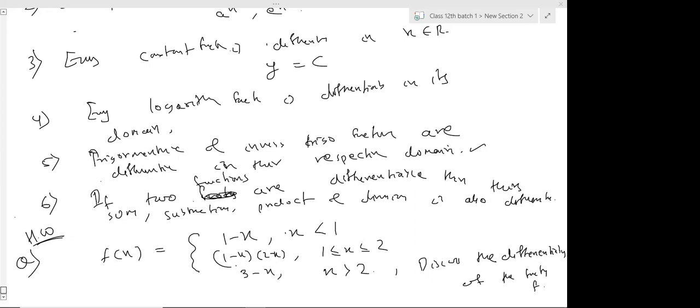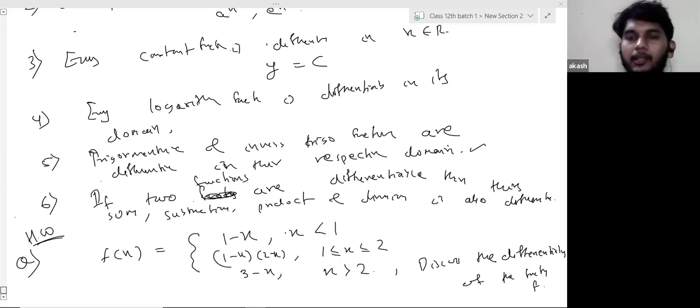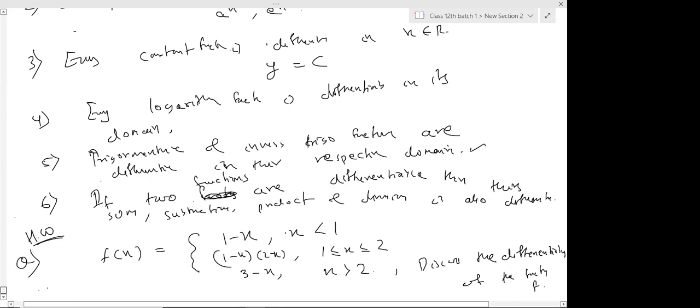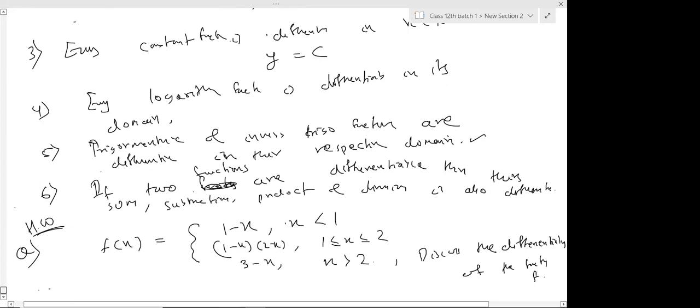Yes, sir. All right. So in this question, they are asking you to discuss the differentiability of this function. They are not asking to calculate at specific points. So what do we have to do? We have to take cases. Absolutely right.